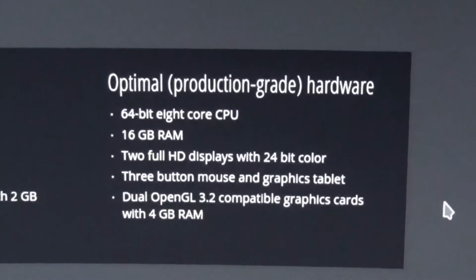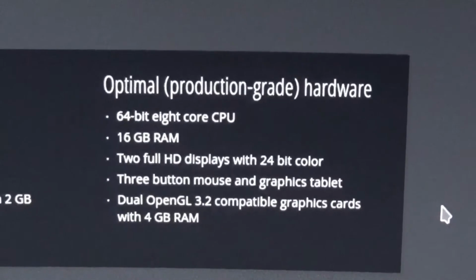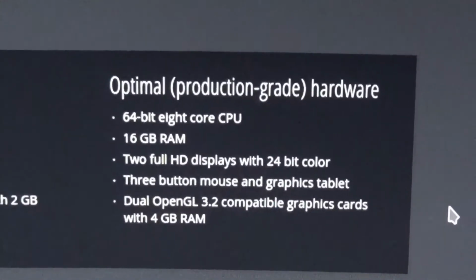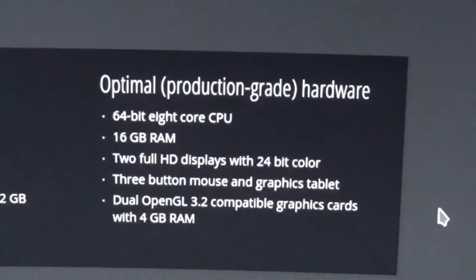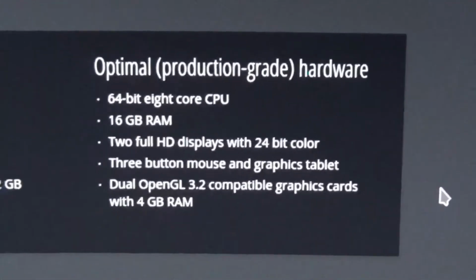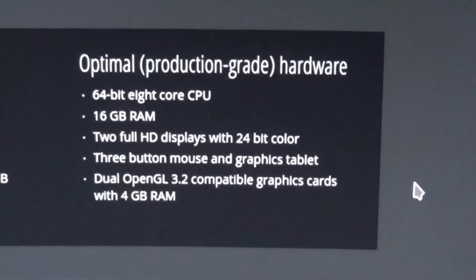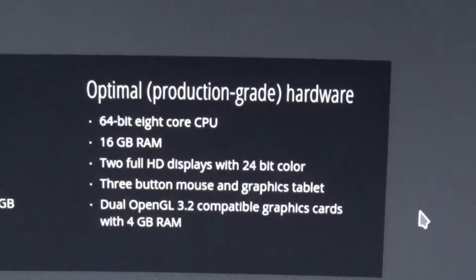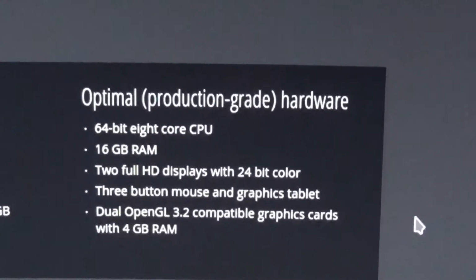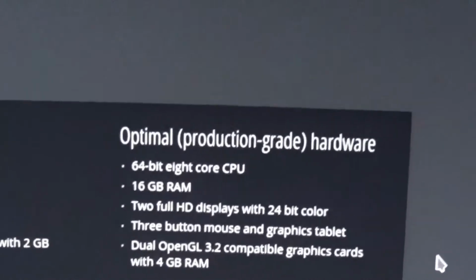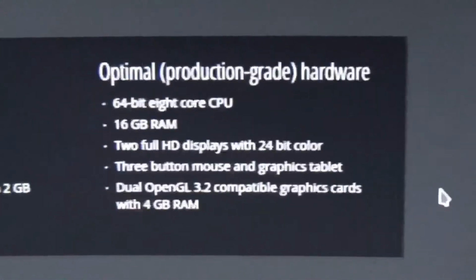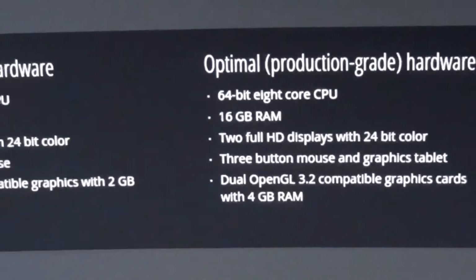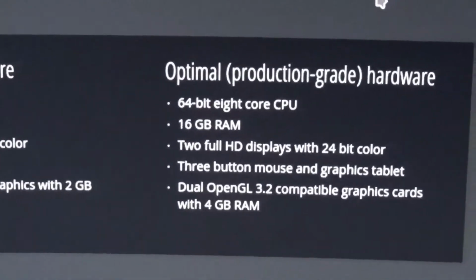64-bit 8-core CPU, 16 gigabytes RAM. Now they want 2 full HD displays with 2 graphics cards. I did not get all that stuff. I just got the 1 display and the 1 graphics card. But other than that, this machine is mostly production grade for making Blender movies.